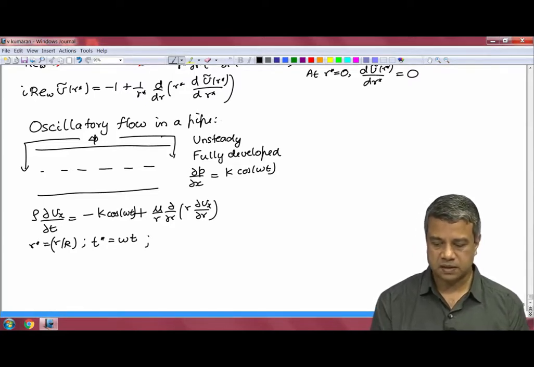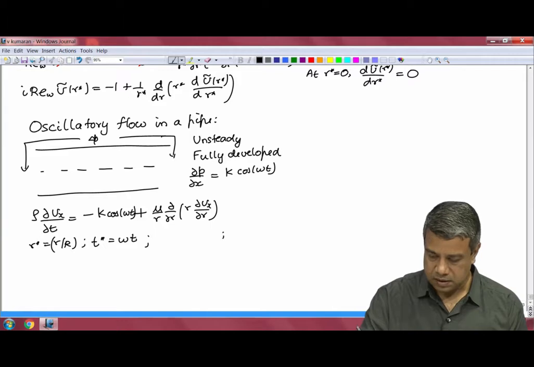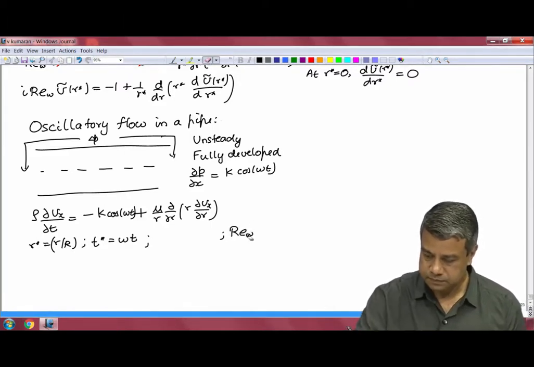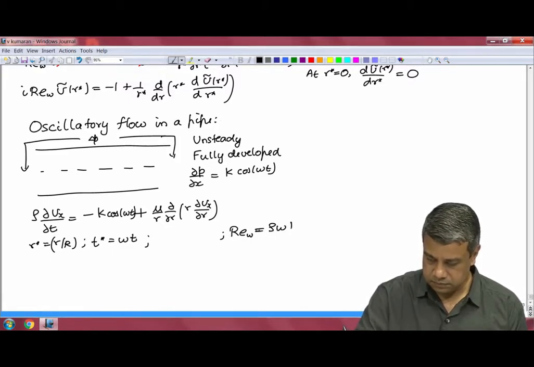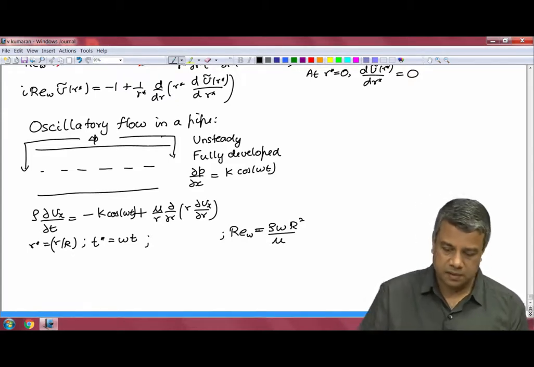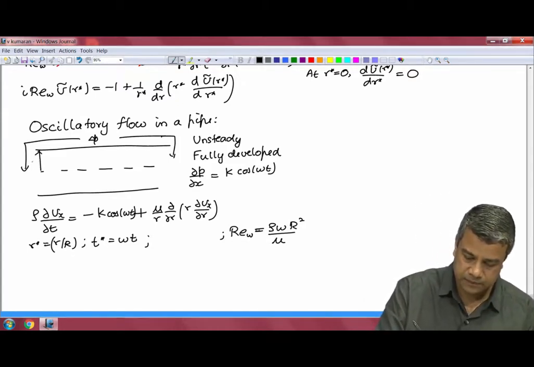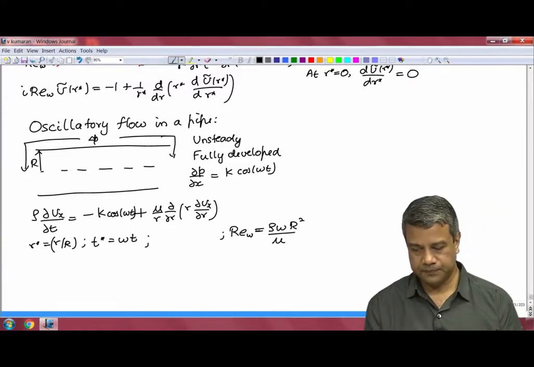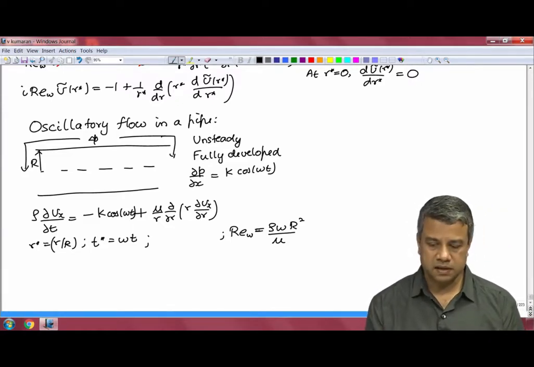in the last lecture we had obtained Re omega, a Reynolds number based upon the frequency and the pipe radius, where the radius is R. So, you can scale it by either the viscous scales or the inertial scales.